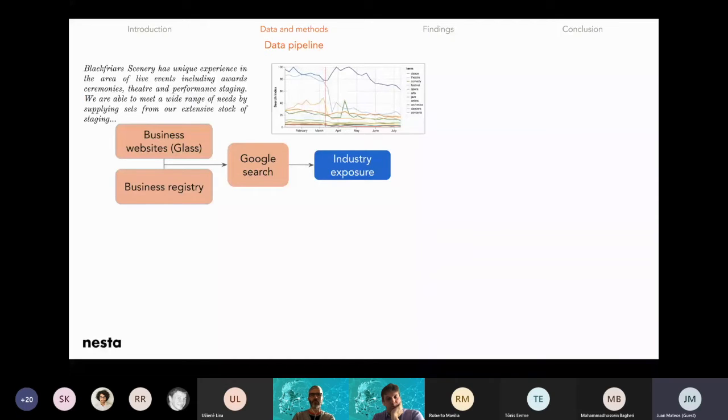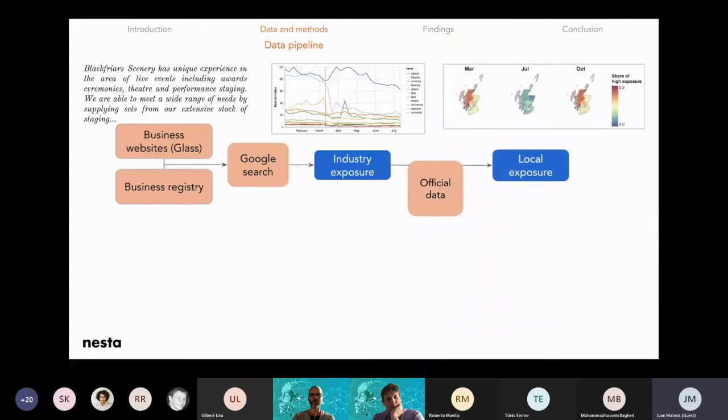This is just showing you the pipeline. I'm still not showing you findings. Having identified what sectors are exposed to COVID-19 at different levels, the ones that are more exposed or less exposed, we can then combine that with official data and say, and this is a map of Scotland, by the way, what parts of Scotland, based on the composition of their labor markets, are more or less exposed to COVID-19.